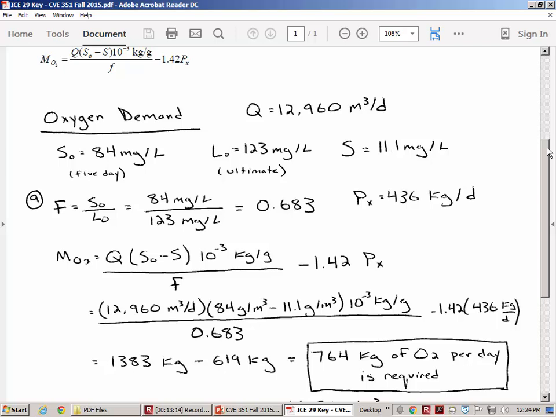All right. Now over here to what I told you from the board. If we have 1.185 kilograms of air per cubic meter of air, then we can multiply like this.